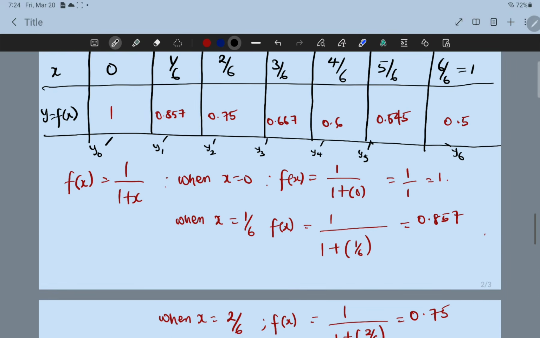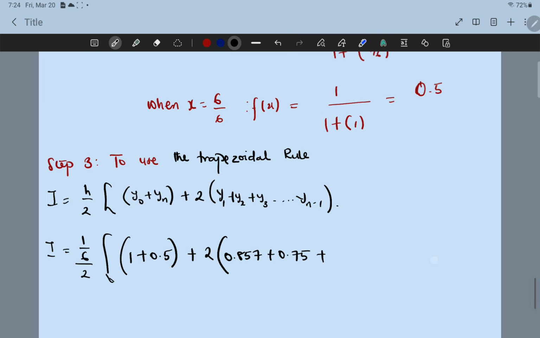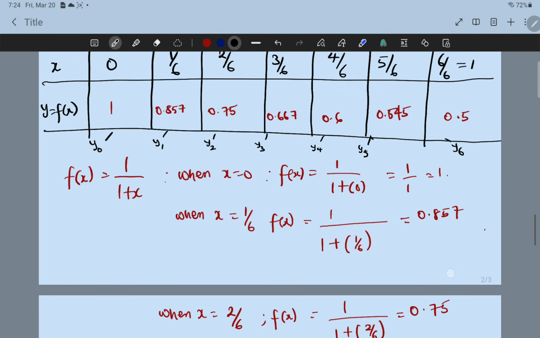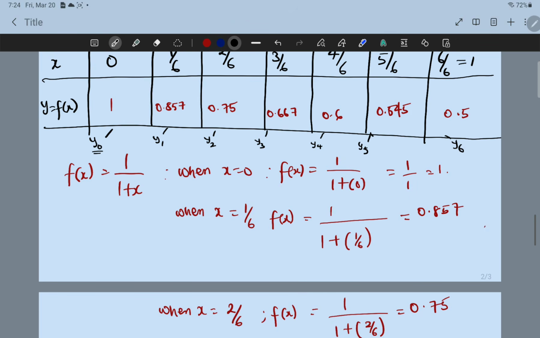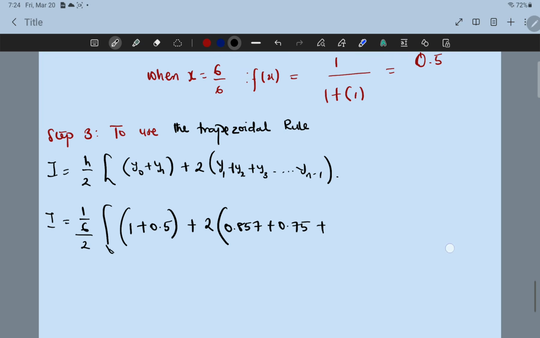What is Y2? 0.75. Plus, what is Y3? Now this Yn here means the ending of the table. Y naught is 1 because this is it here, and Yn is the ending of the table, which appears to be Y6, 0.5. Do you understand? The beginning and the end, right?